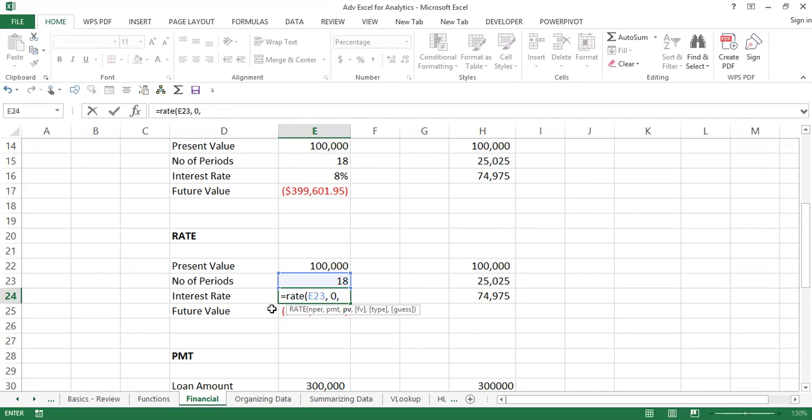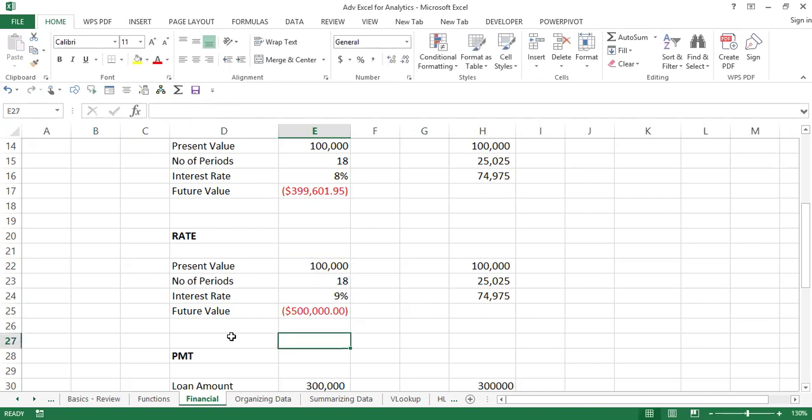Present value. Present value is 100,000. Comma. What's the future value? The future value is down there. Yes, 500,000.